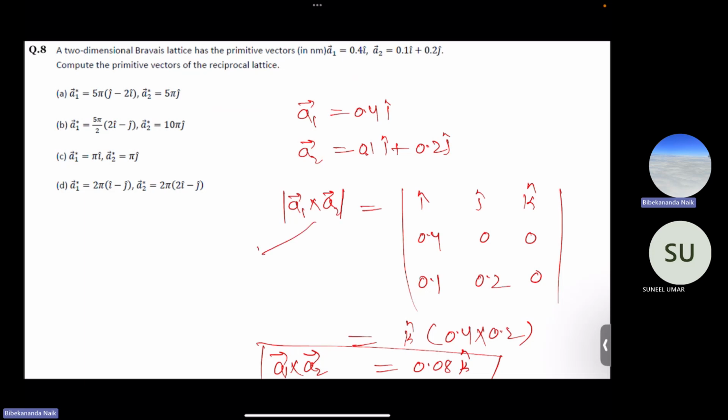So the magnitude of A1 vector cross A2 vector mod will be 0.08, and its square is the value we need. One value we got. Then another value is A1 vector mod, which is 0.4.